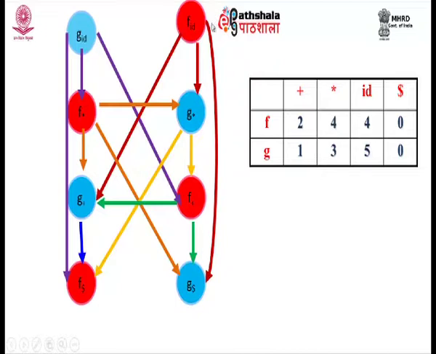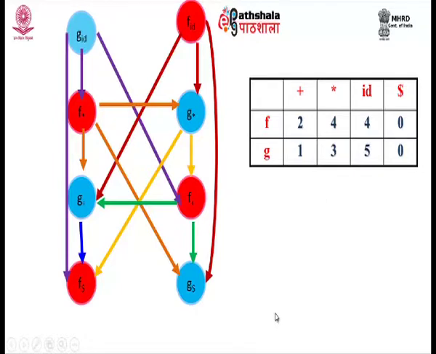If you consider FID, there is only one path here which is of length 3, an alternate path of length 2, an alternate path of length 1. But if you combine FID to G star to F plus to G plus and then to F dollar, that is going to be of path length 4. Now, this is stored and used as a reference later.